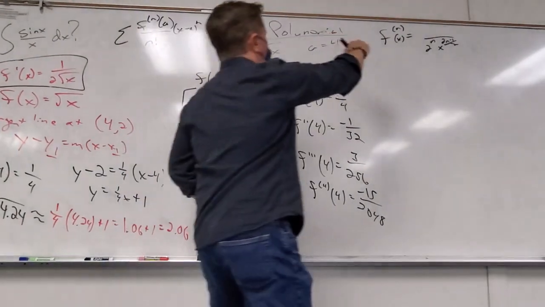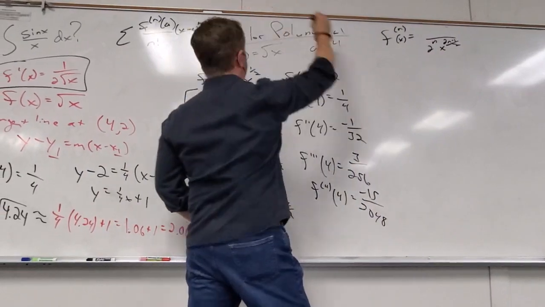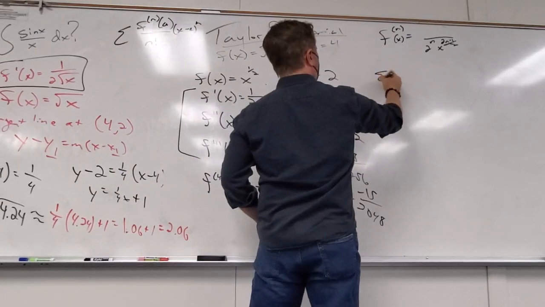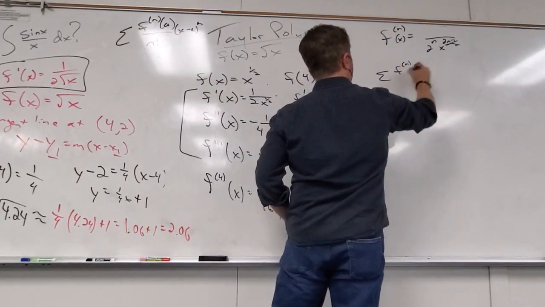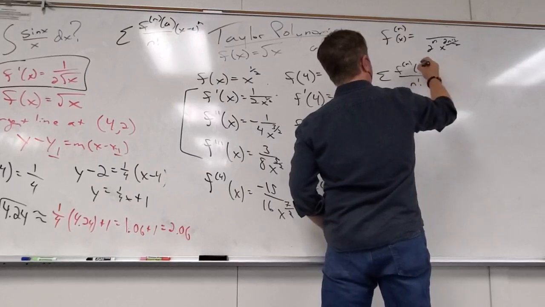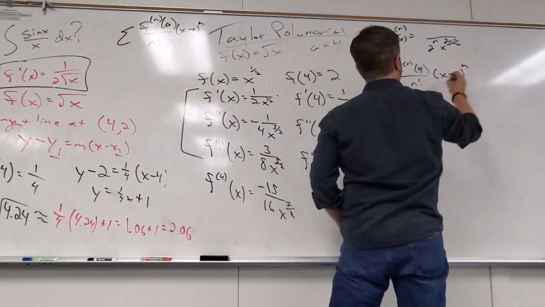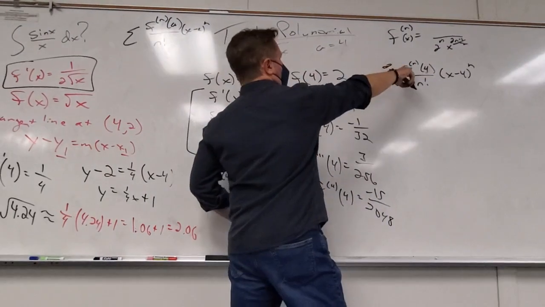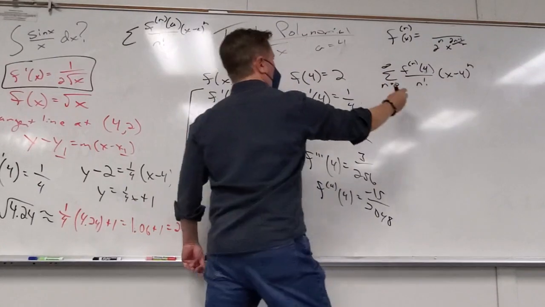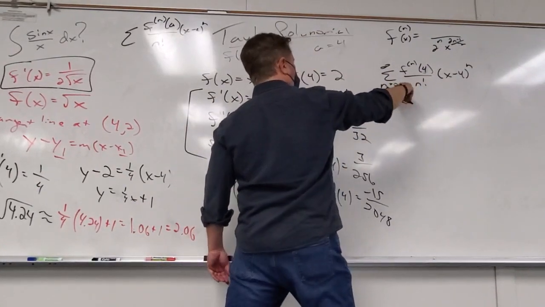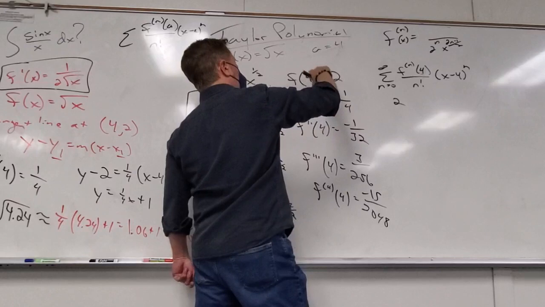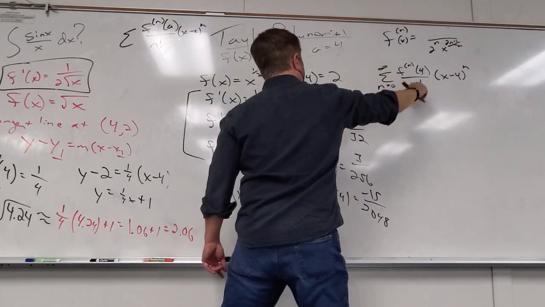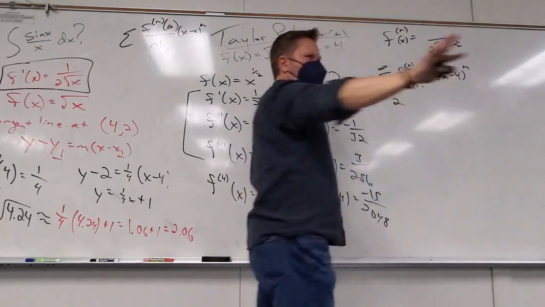So let's try to write out a few elements of this polynomial. Let's put a 4 here. When n equals 0, the 0th derivative evaluated at 4 is 2, over 0 factorial, which is 1, times x minus 4 to the 0, which is 1.